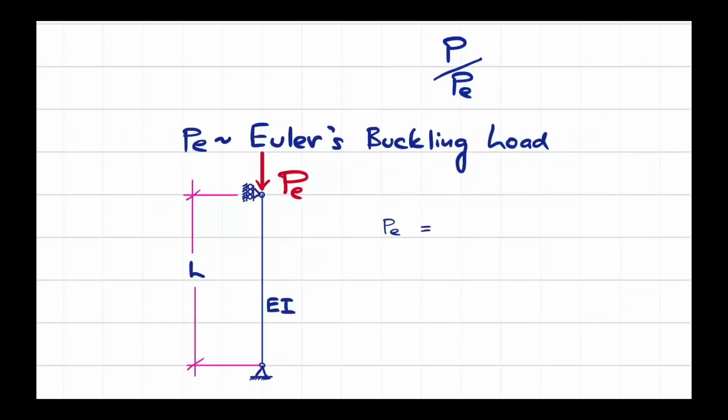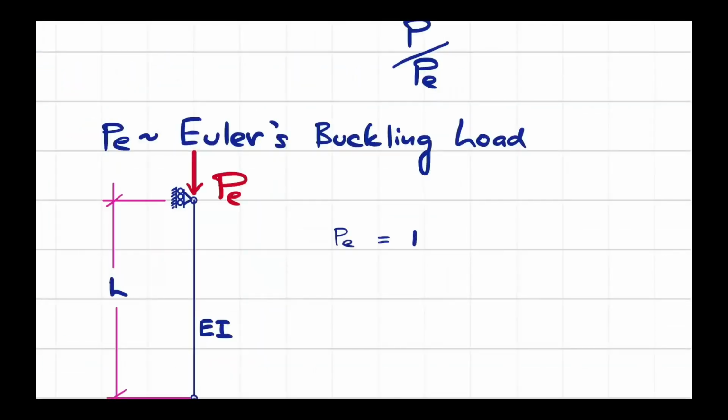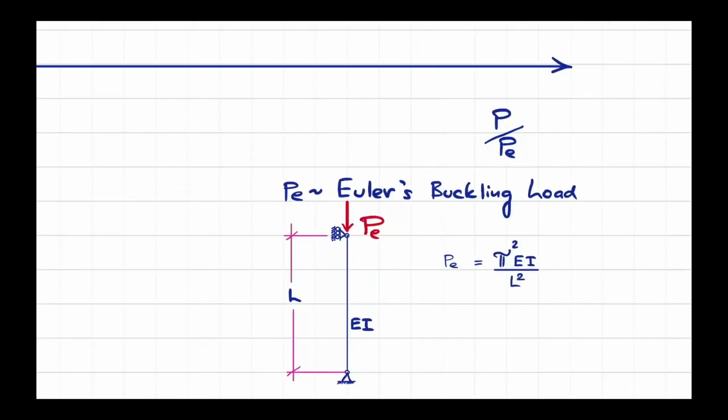So the Euler buckling load PE: we use these derivations. We set up the y equals to the differential equation, we solve the differential equation for the boundary conditions, and then we enforce the eigenvalue problem, and then we get the PE. So be patient, wait a bit. You'll find that it equals pi square EI over L square, where L is the effective length.